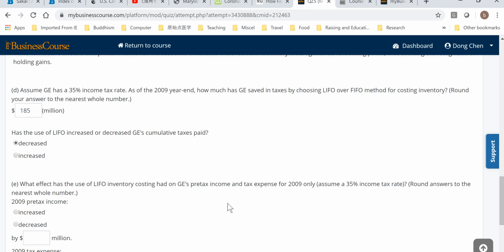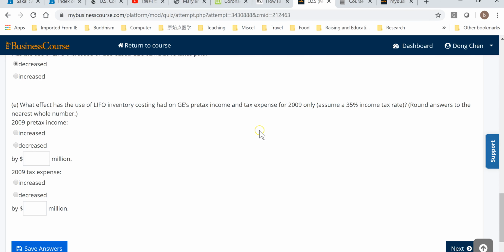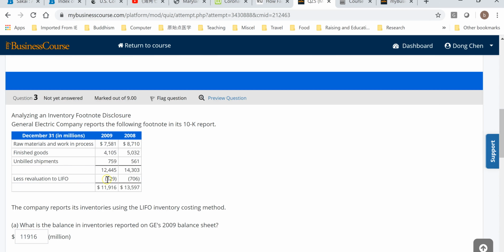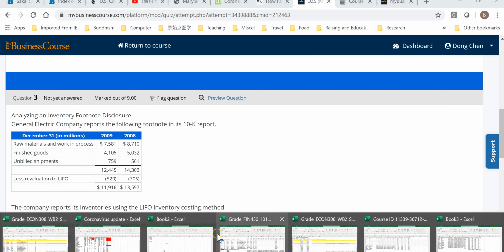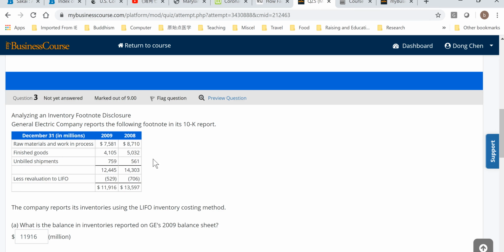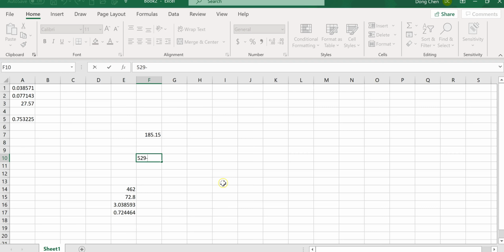So we just need to calculate that amount, and that's basically negative. It's 529, right? The LIFO amount for 2009 is 529, and then we minus the 706, and that's, oh, I forgot the equal sign there.